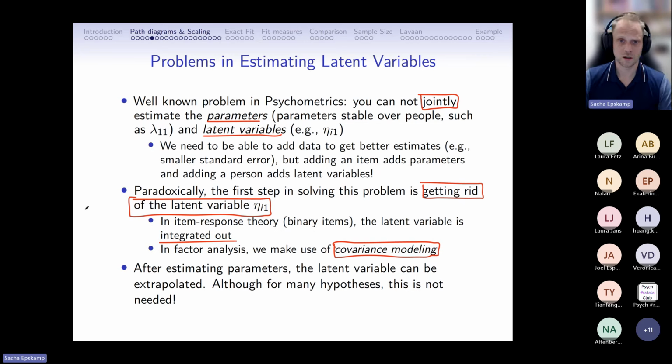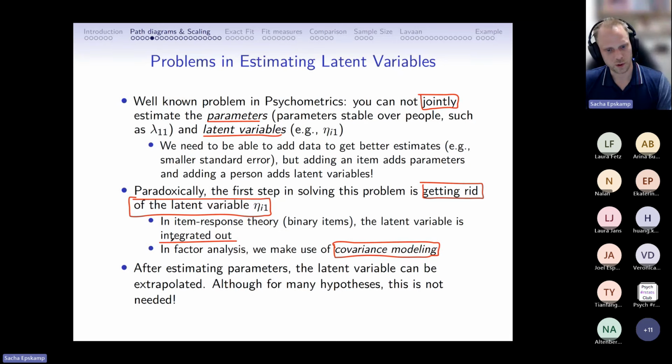By doing that, we reduce our problem because now we only have to estimate the distribution of the latent variable, maybe the variance and later the mean if you do mean structure modeling, but mostly the variance and how it relates to other things. We can do that because we have multiple indicators, multiple observed variables, and assuming a structure like one common cause imposes a set of strong constraints on the covariance structure, which is a nice thing.